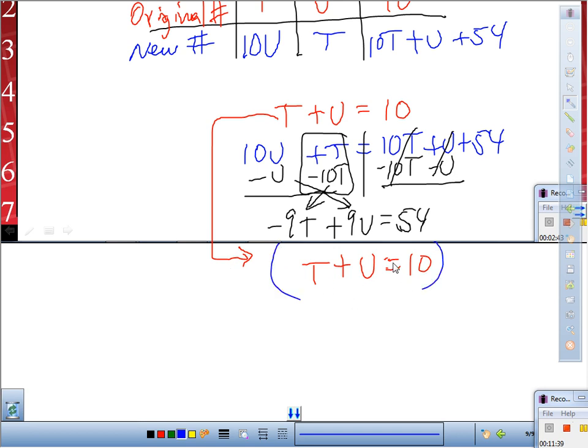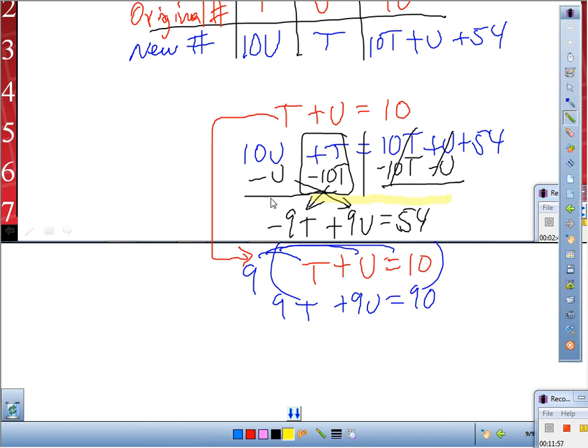So if we're going to eliminate the T, what do I need to multiply this entire equation by? 9. So distribute, that's 9T plus 9U equals 90. So now I'm going to focus on this one and this one.